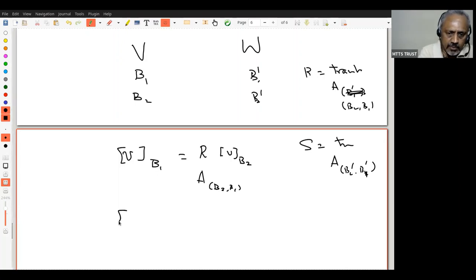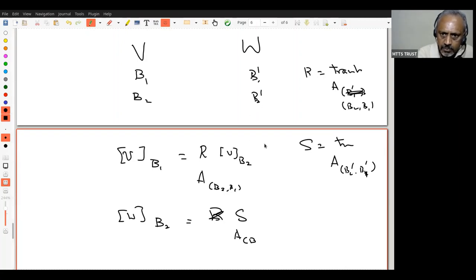Similarly, for W, I have the transition matrix for B2 dash and B1 dash.